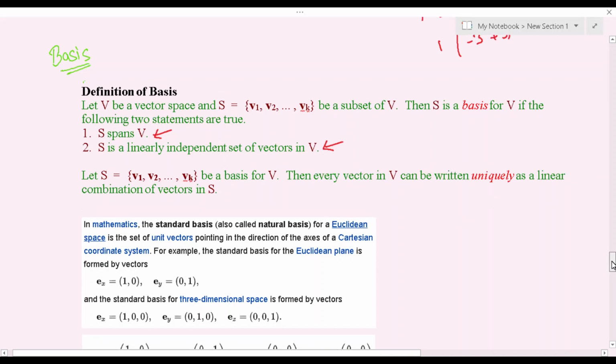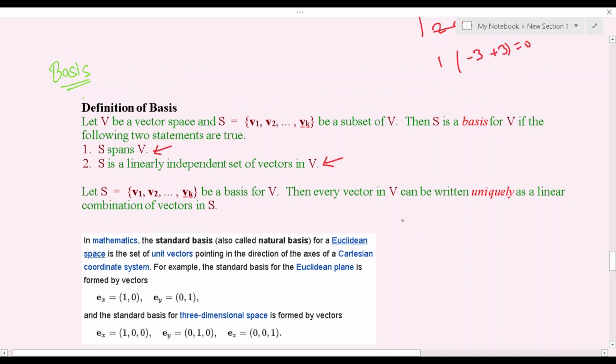Let me show you with an example. Suppose the coordinate system in 3D.